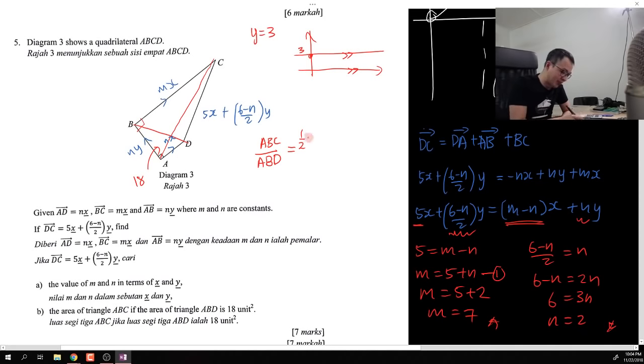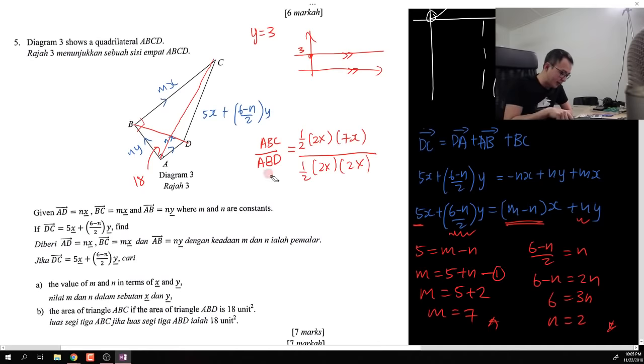So half multiplied by 2x, and then m will be 7, multiplied by 7x. Over triangle ABD, which will be 90 degrees also, half multiplied by ny, which will be 2y, and then multiplied by nx, which will be 2x.